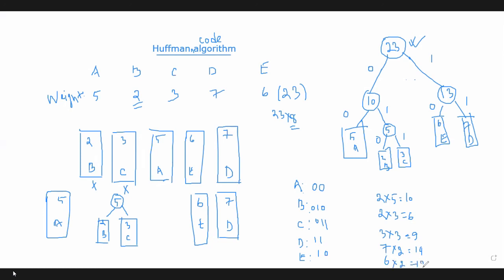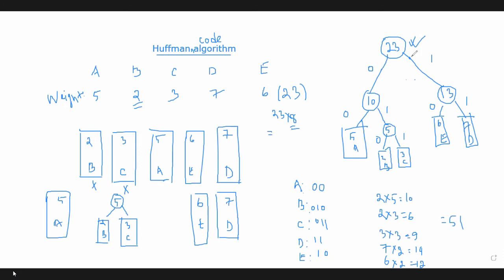Now add all those, because we have to find out the weighted path length for all the external nodes of the tree. So 10 plus 6, 16. 16 plus 9, 25. 25 plus 14, 39. 39 plus 12, 51. So the total number of bits needed for sending all these characters is 51. But when we are using an 8-bit code for representing each of these characters, we needed how many bits? 23 into 8.